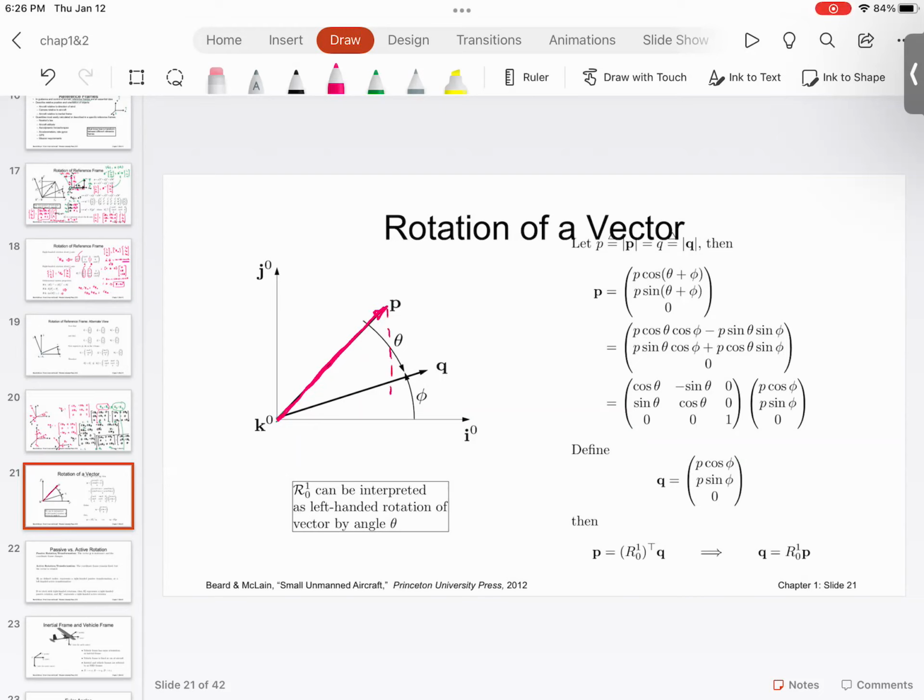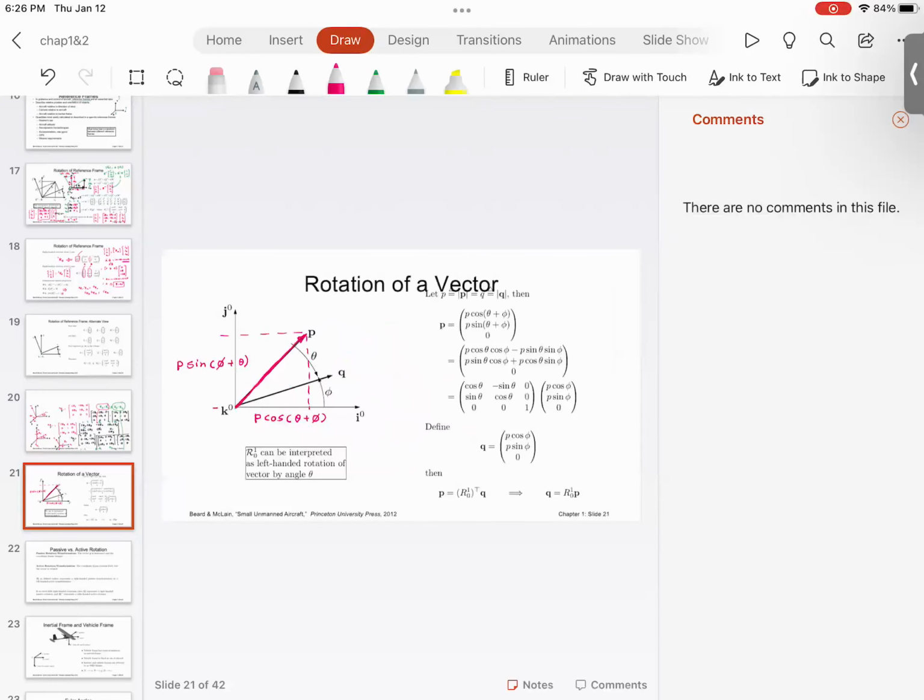The x component of this vector is going to be P cosine of the two angles, theta plus phi. And the y component of this vector is going to be P sine of phi plus theta.